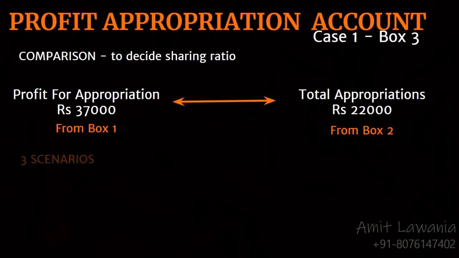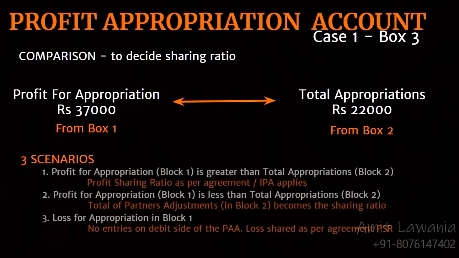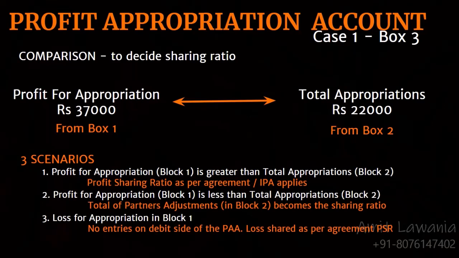Now this box has 3 scenarios from which we will choose the scenario which is suitable and apply the profit sharing ratio accordingly. The scenarios are here. Number 1, when profit for appropriation is greater than total appropriations. If that is the case, then the profit sharing ratio will be applied as per agreement.